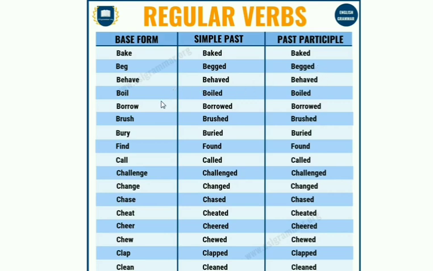Now for us, it is very important to know base form and the simple past. So beg, begged. Behave, behaved. Boil, boiled. Borrow, borrowed. Brush, brushed. If you observe, we just added ed, right? So by adding just ed, we get simple past tense for these regular verbs.